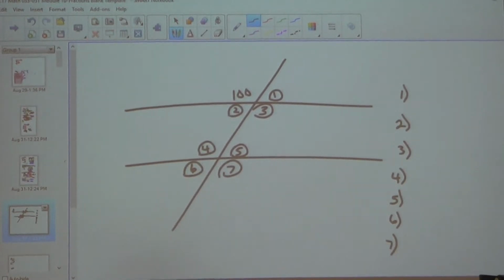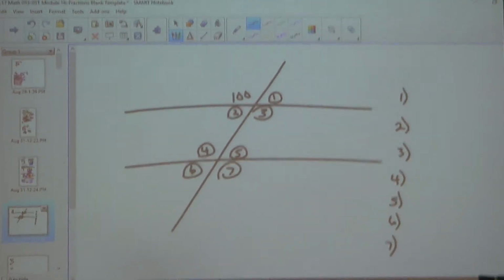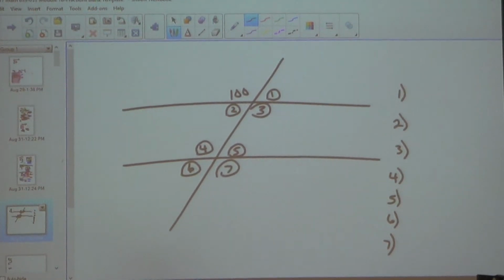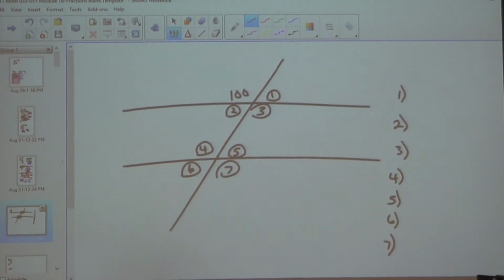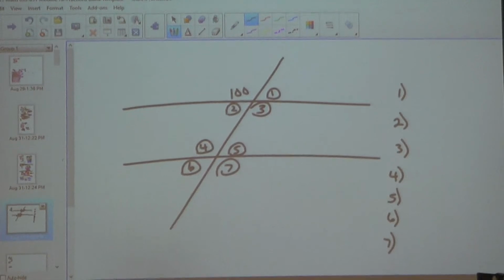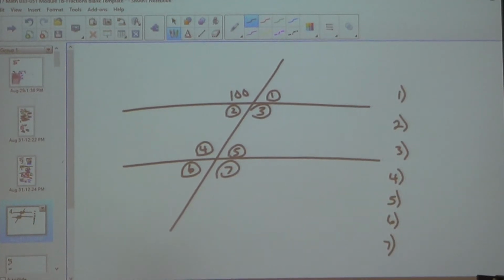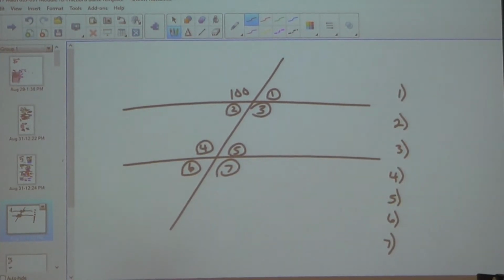Give me a number. 5. Oh, you said 3. What is 3? Give me a number that you can tell me the answer to. No, we got something complicated. Just tell me the answer.